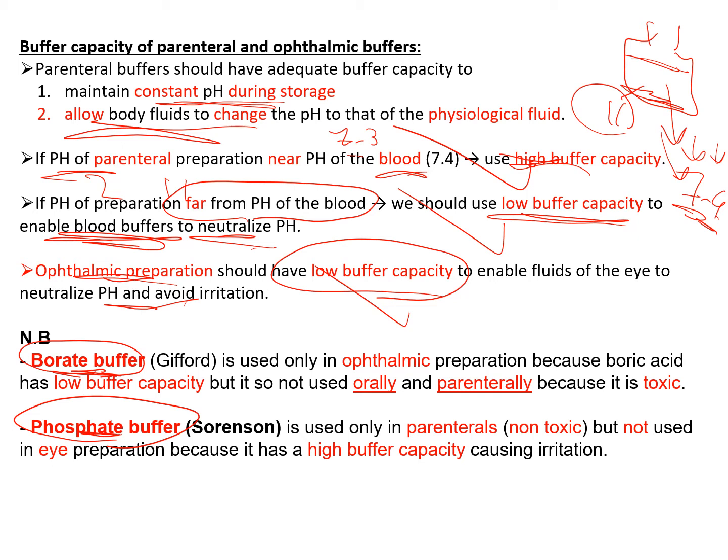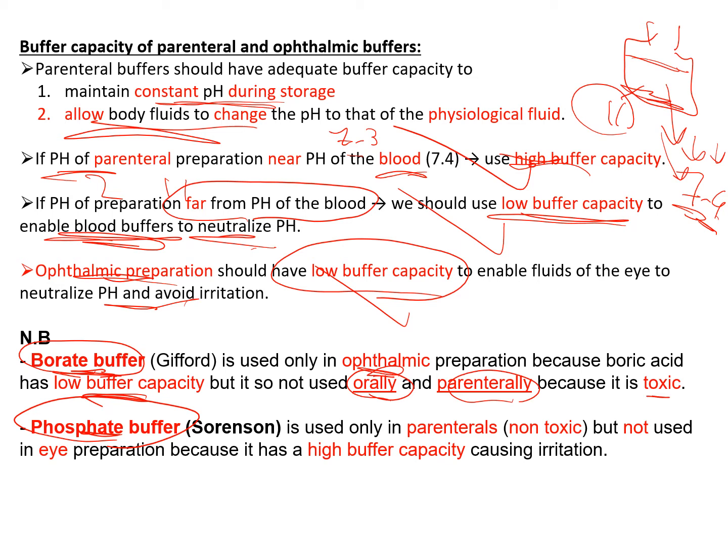The problem is that it cannot be injected in the body because it is toxic when taken systemically in the blood. But when it is added topically in the eye, it's very safe. So borate buffer can be used only in ophthalmic preparations and eye drops because it has low buffer capacity by default, and cannot be used orally or parenterally because it is toxic.